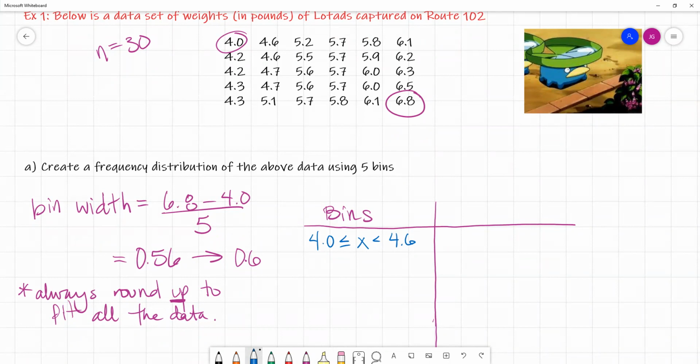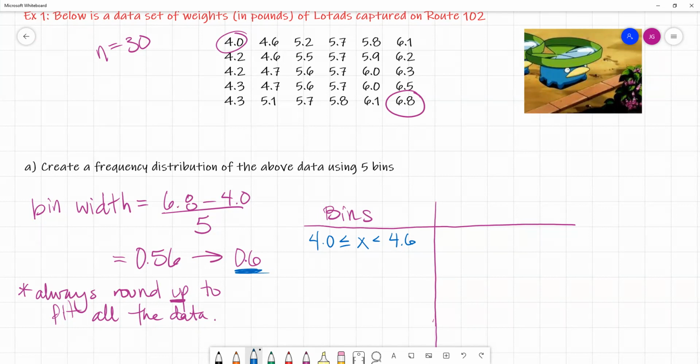This notation, less than or equal to x is less than, is telling me that I want all the numbers between 4.0 and whatever next number I have. I get this next number by taking 4.0 and adding my bin width. So 4.0 plus 0.6 is 4.6.